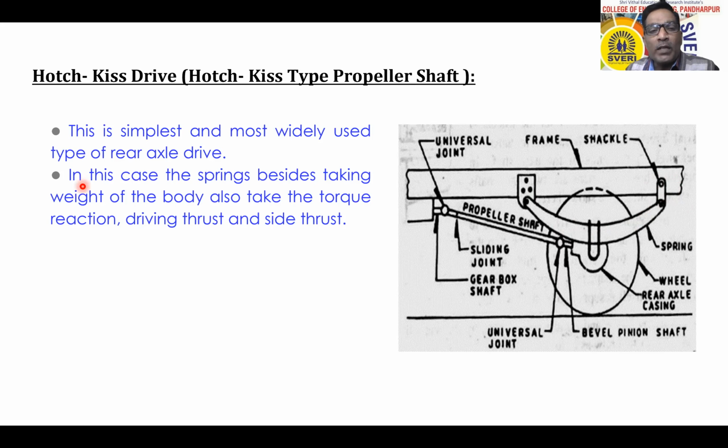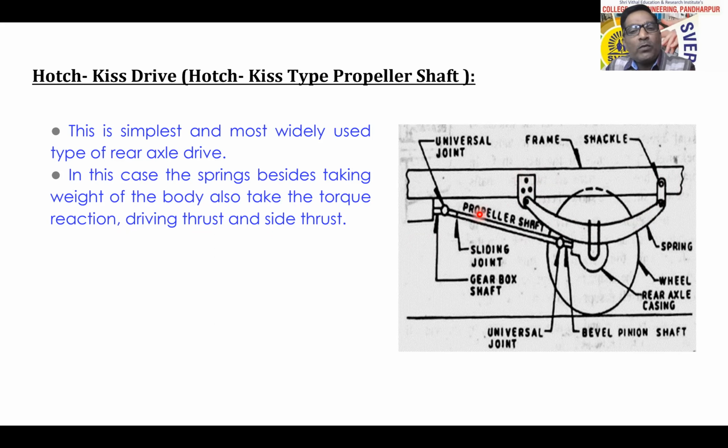So in this case, the spring, besides taking the weight of the body, also takes torque reaction, driving thrust and the side thrust. So how is it facilitated? Just by connecting one bracket at the front end of the leaf spring.